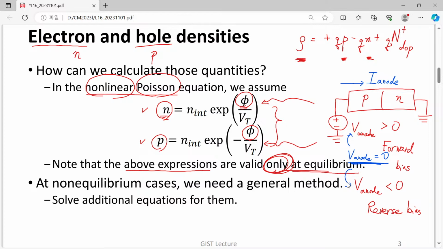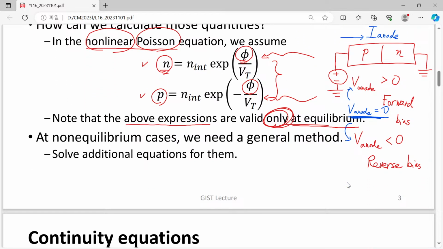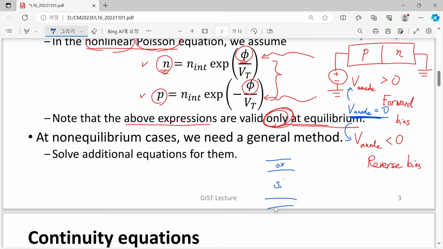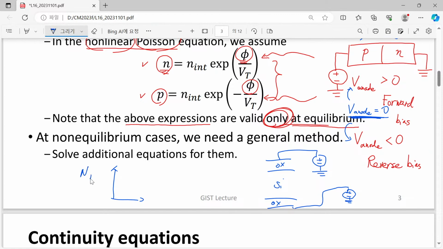But before starting today's talk, I want to make some caution about this topic. Maybe some students remember this system, the double gate system: oxide, silicon, and oxide, and we have already applied a certain non-zero gate bias to this system. Maybe you remember we had a homework problem which calculates the inversion charge density as a function of your applied gate bias.